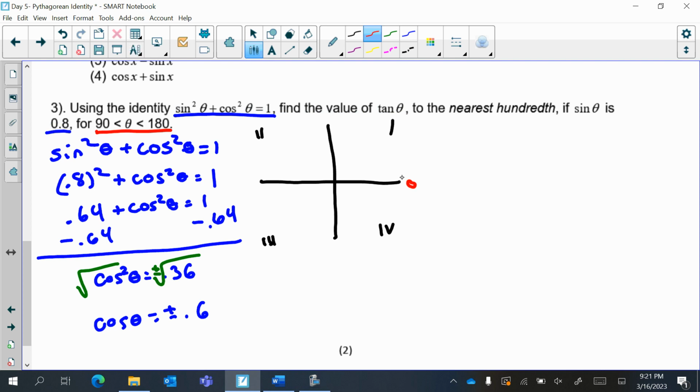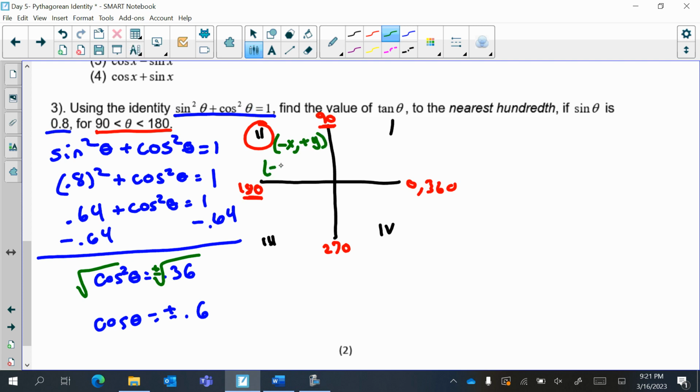We have 0, 90, 180, 270, and 360 degrees. Now, we're going between 90 and 180, so we must be in quadrant 2. And in quadrant 2, we have negative x values, if you were to plot them, and positive y values.